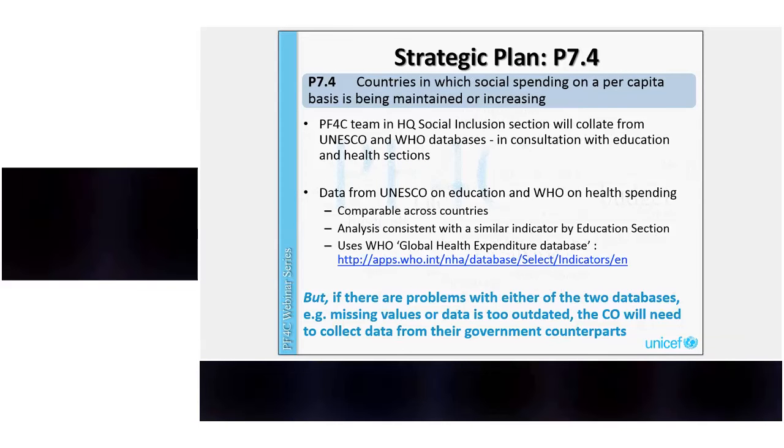Right, so as I said, the data will be collected and analyzed in consultation with the education and health sections by the PF4C team in headquarters. So the data from UNESCO on education and WHO on spending is comparable across countries. It's consistent. The education section are using a similar indicator.